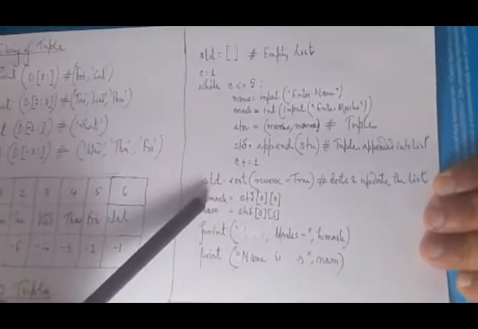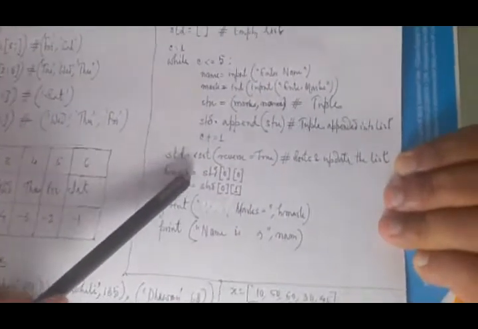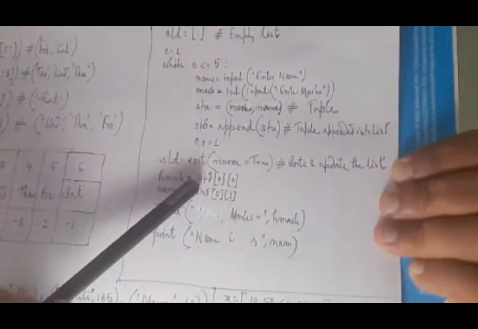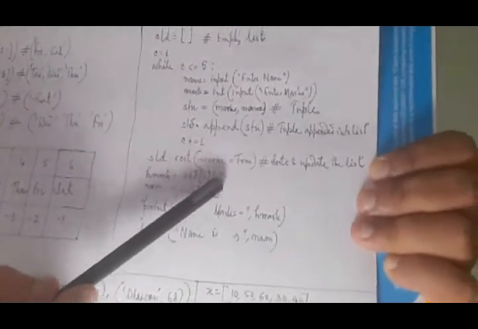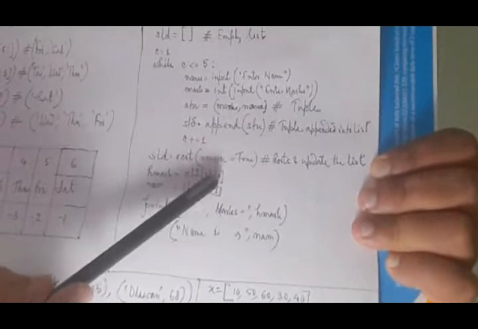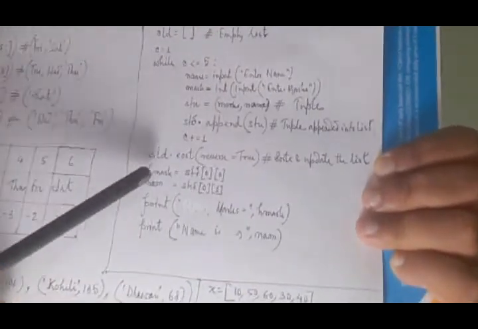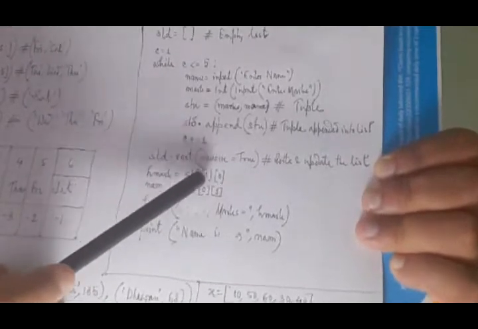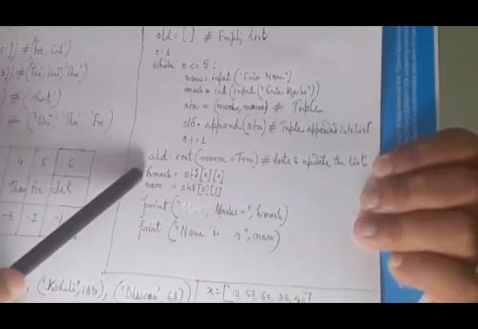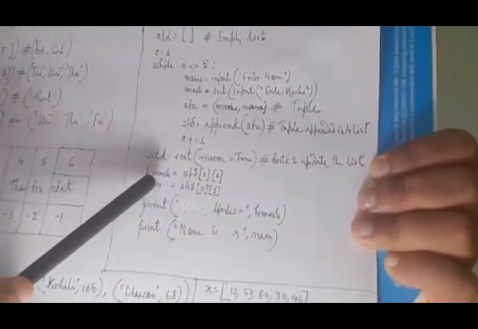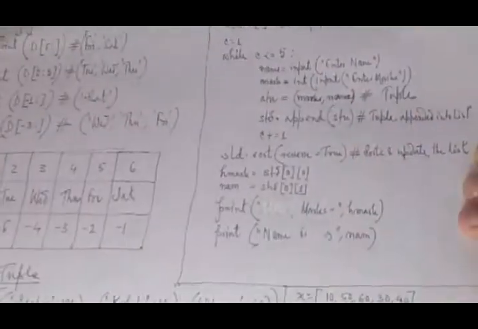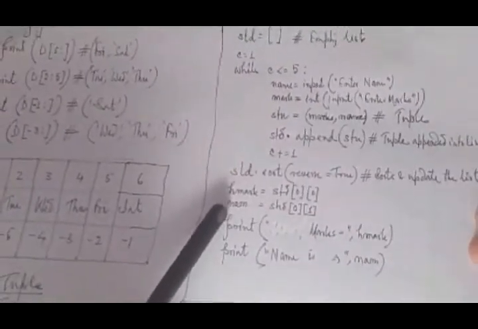So I have taken a variable highest mark, h mark, which will be std 0 0. The value of index 0 row 0 column comes in h mark, and the next value, 0 1, comes in NAM.